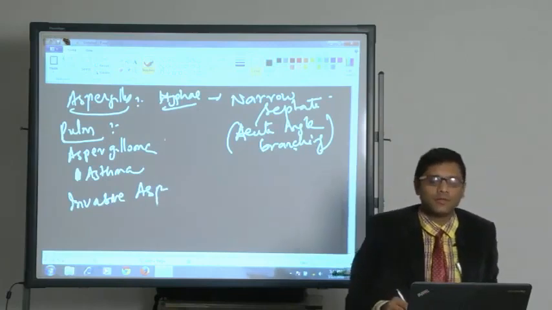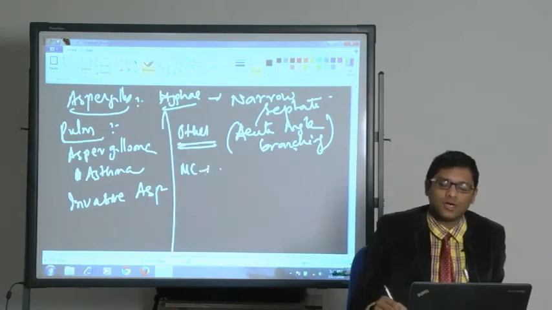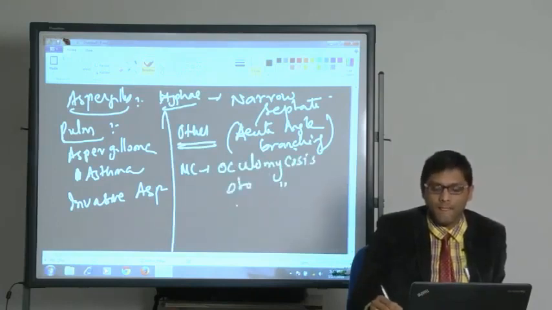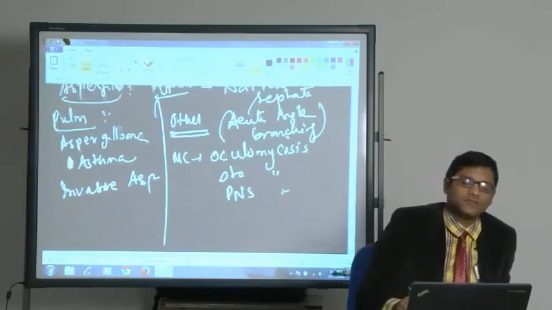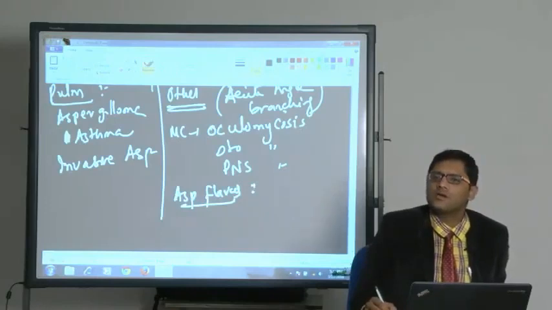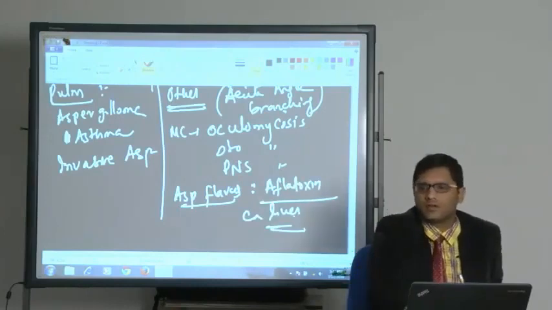All these are various pulmonary manifestations. Among non-pulmonary manifestations, don't forget Aspergillus is the most common cause of oculomycosis, otomycosis, and paranasal sinus mycosis. And Aspergillus flavus can produce aflatoxin, which can cause carcinoma of the liver.